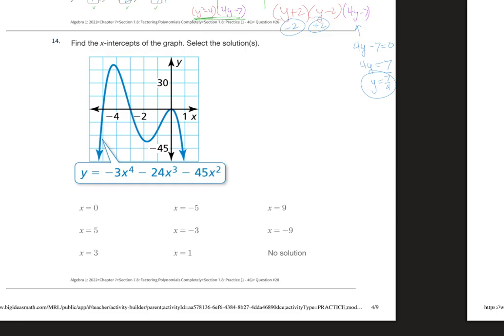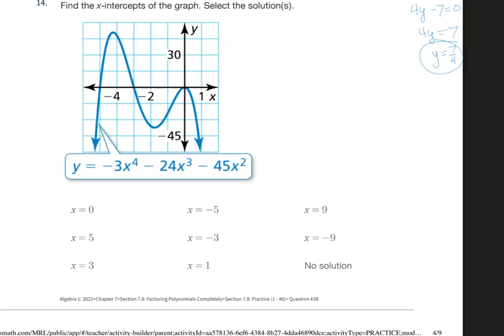Like that. Find the x-intercepts of the graph, select the solutions. This is actually quite nice. That's -5, so check. -3, check. And 0, check.